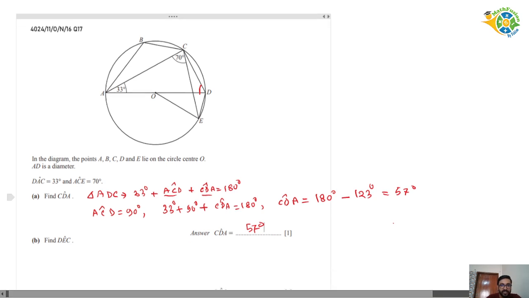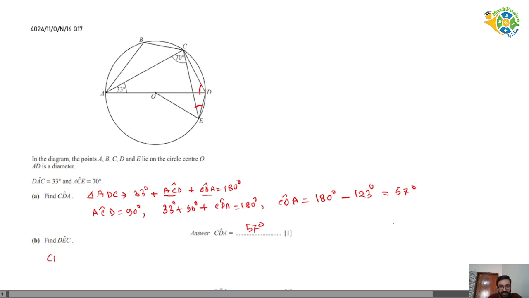So CDA equals 57 degrees. So the next question is find DEC. So first identify where DEC is. So DEC is here. So I can clearly see the DEC equals CAD because they are angles at the circumference from the same segment.